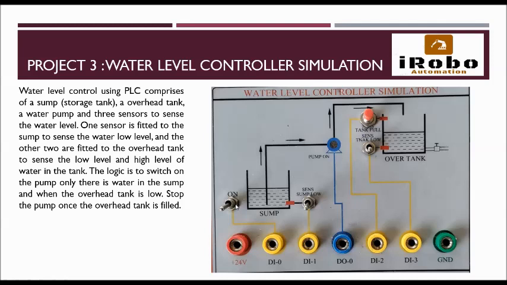So this could be around four inputs: one sump sensor, tank low level and high level, and then the on switch. So totally four inputs and one output. This is a problem statement. Okay, this is one of the problems that could be possible.